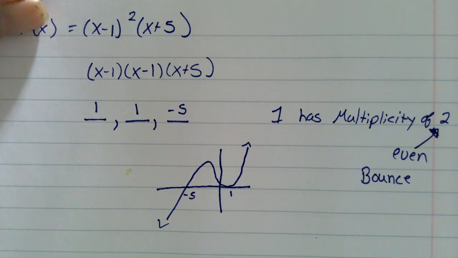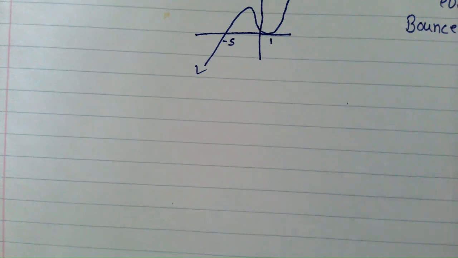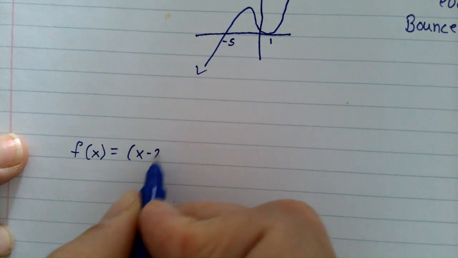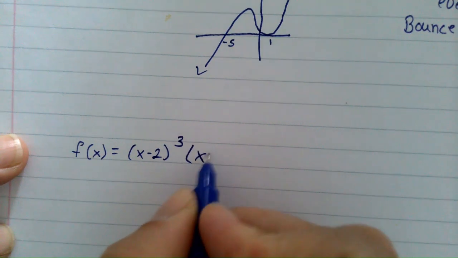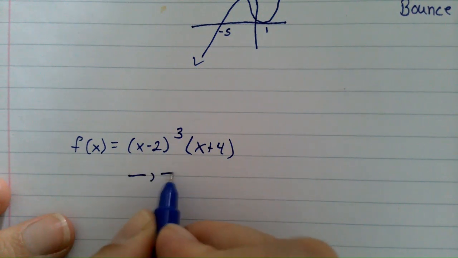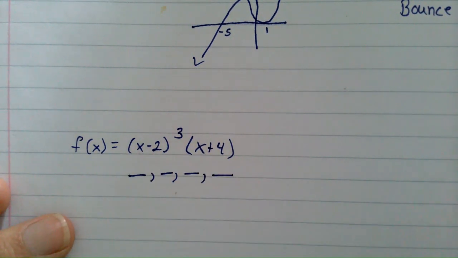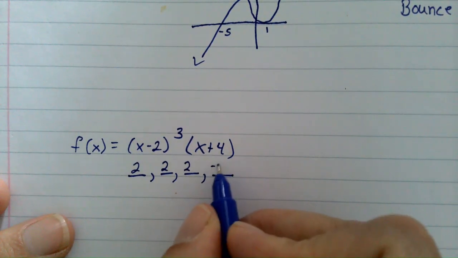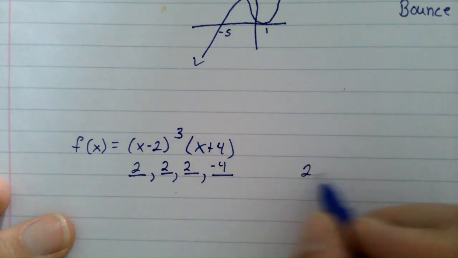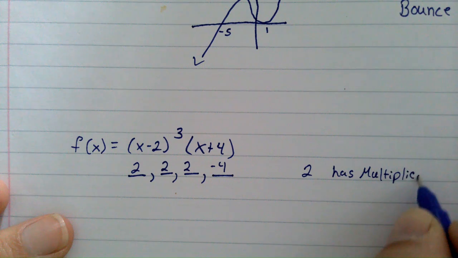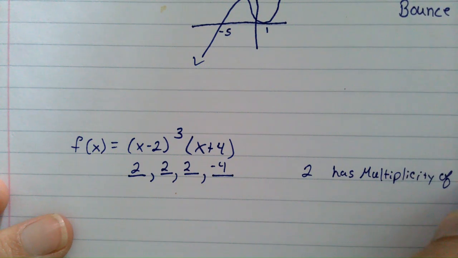Okay, let's take that up a notch. What if we have, okay, now we have to the 4th power. 1, 2, 3, 4. 2 is going to be used 3 times, and 4 is going to be used once. So 2 has multiplicity of 3.